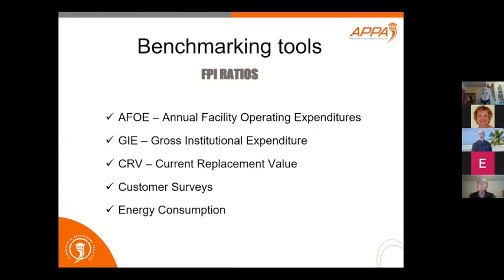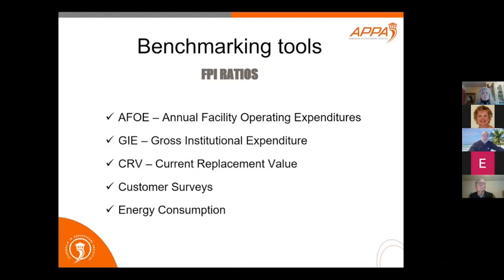Normal benchmarking requires tools, and the FPI provides those. Some simple FPI ratios include the AFOE, Annual Facilities Operating Expenditures. We may look at the gross institutional expenditures. That's how much the university spends every year to do everything: the educational mission, maintaining facilities, and any other service obligations the university has. We also keep track of the current replacement value.